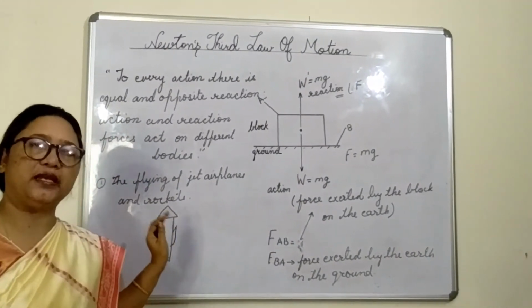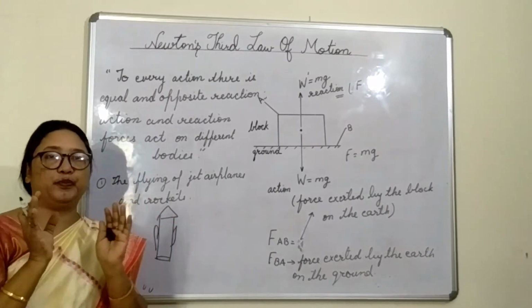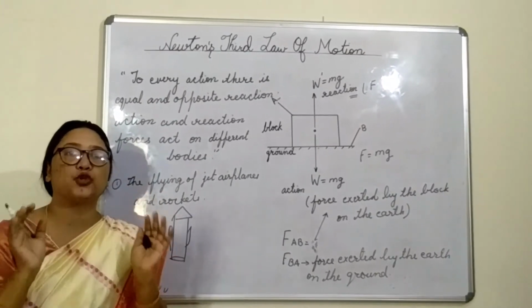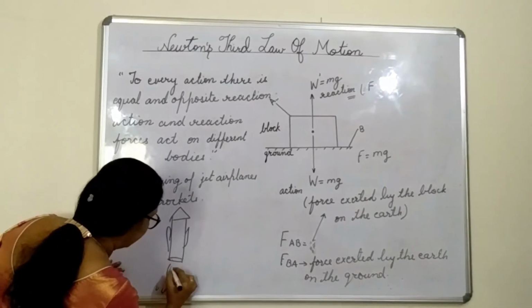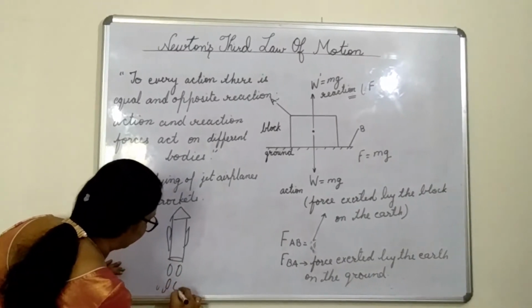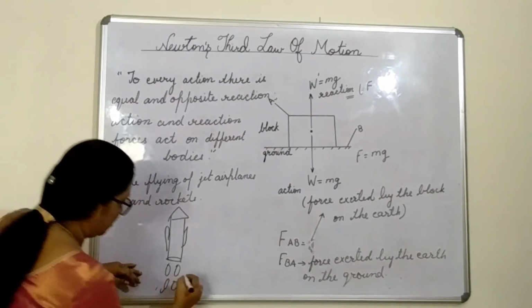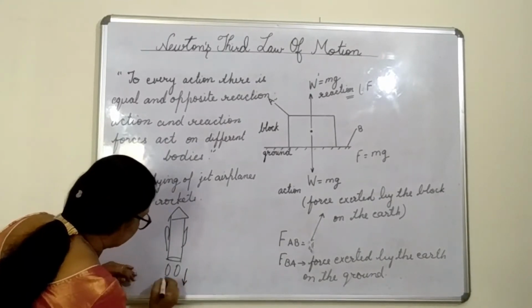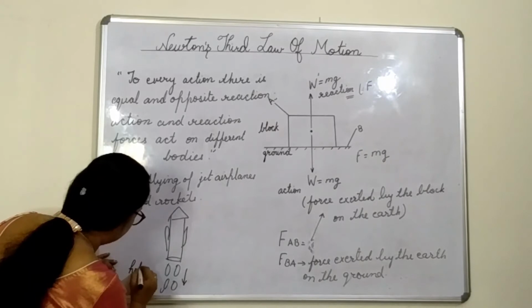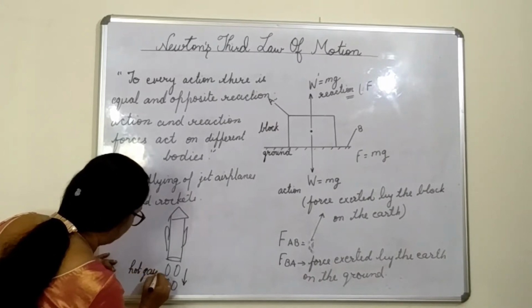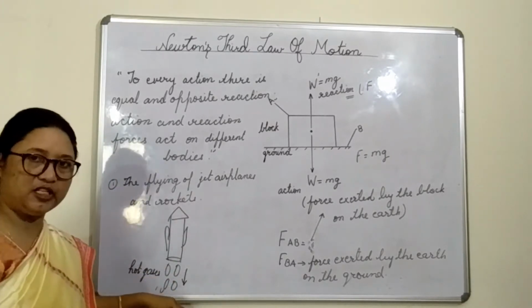In jet engines and rockets, the fuel is burnt to produce a large quantity of hot gases, and these hot gases come out of the nozzle with a great speed. These are the hot gases coming out of the nozzle with a great speed.